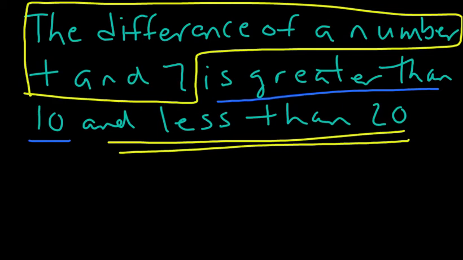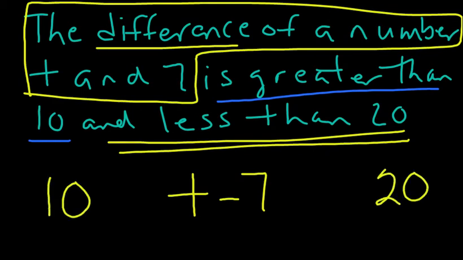So, let's figure out what goes in the middle. The difference of a number, t, and 7. What does difference mean? Difference means subtract. So, t minus 7 in the middle. Now on one side, we're going to have a 10. On the other side, a 20.